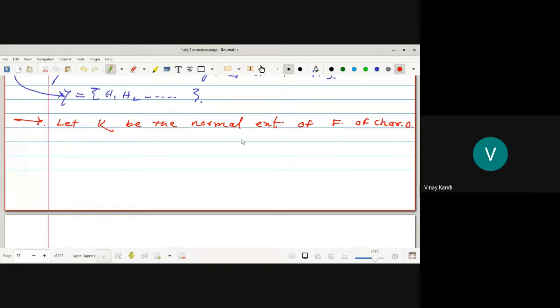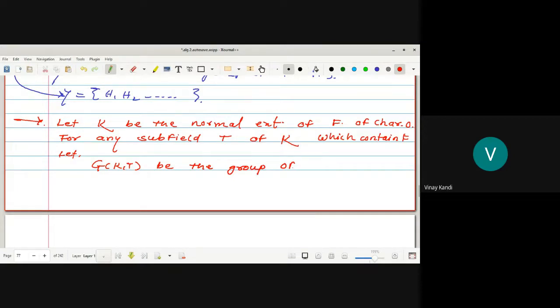Now for any subfield capital T of capital K which contains capital F, let GKT be the group of all automorphisms of capital K which leave every element of T fixed.